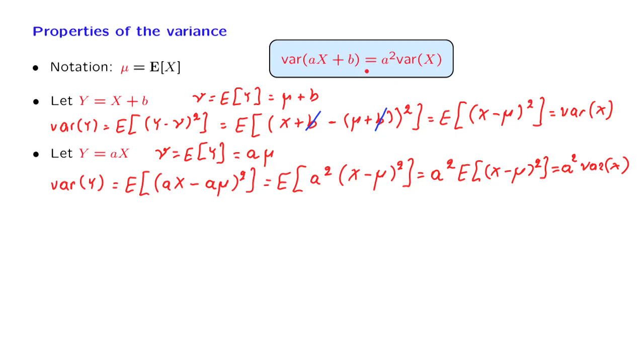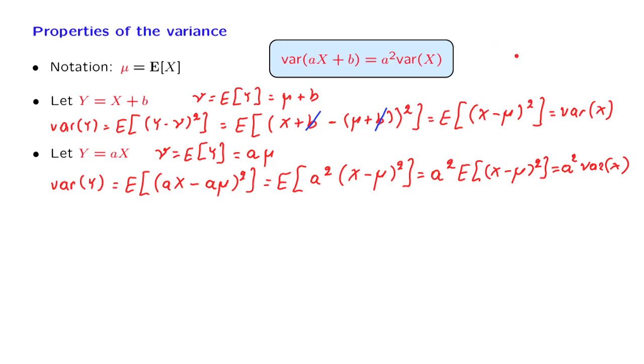Putting together these two facts, if we multiply a random variable by a, the variance gets multiplied by a squared. And if we add a constant, the variance doesn't change, and this establishes this particular fact.